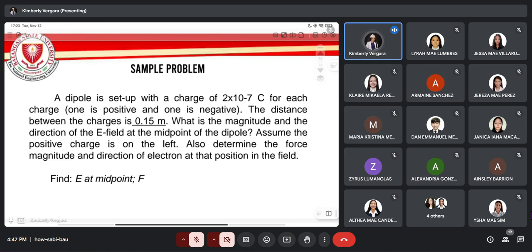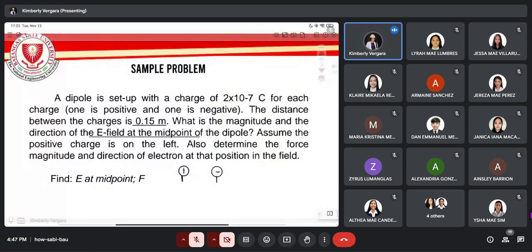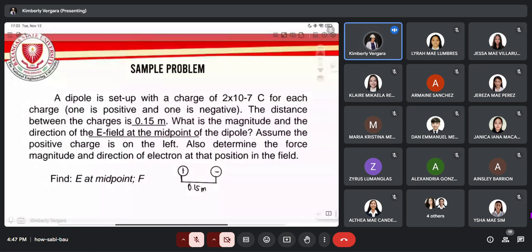Sabi, what is the electric field at the midpoint daw po? Okay, ano po ang nangyari dito? Sabihin natin meron tayong dipole, isa ay positive, isa ay negative, and ang distance between these two is 0.15 meters.